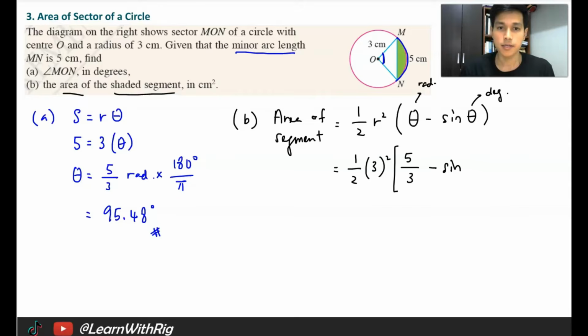In degrees, so 95.48. You just key this into your calculator and you'll get your answer straight away, which is 3.0206 cm squared. Yeah, that's about it.